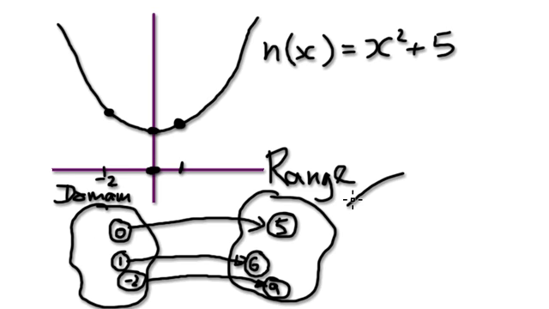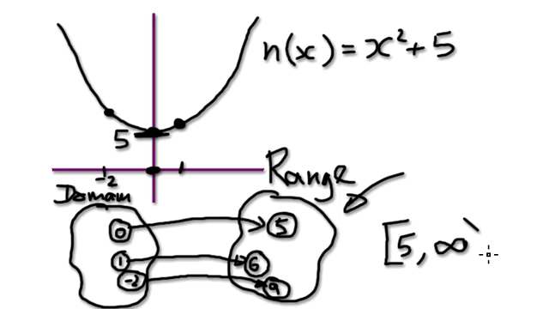If you look at the range here, the range cannot be anything below 5. So the number 4 can never be in here. So the range would be 5 to infinity.